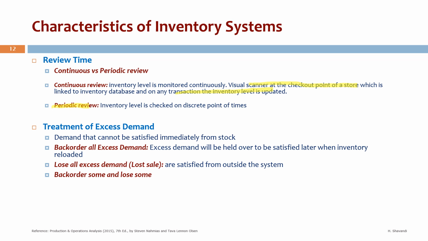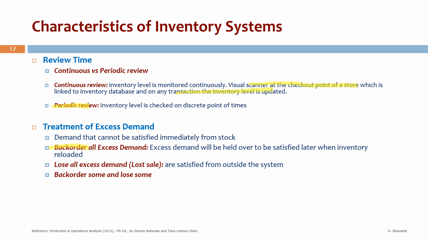Let's see how we treat the excess demands. When we have excess demand, it could be back order or it could be lost sale. In the back order, we assume that we will satisfy those excess demands later when we have our order in our stock. So in this case, we are not actually losing any customer. Instead, we are satisfying the excess demand with a delay after having our order in the warehouse.